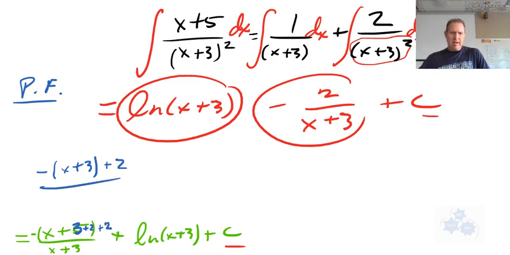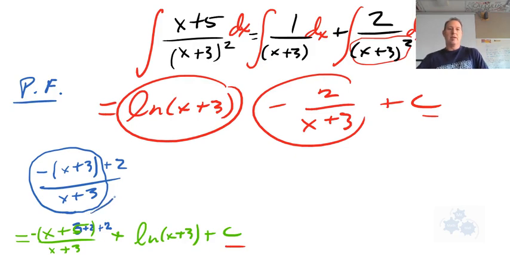This was 3, this was 5, 3 plus 2. I put a 2 in there, that's a negative, so I need to put outside 2 over x + 3. So I can split this up, can't I? And I'm going to leave that negative. And then here's the other part of it.